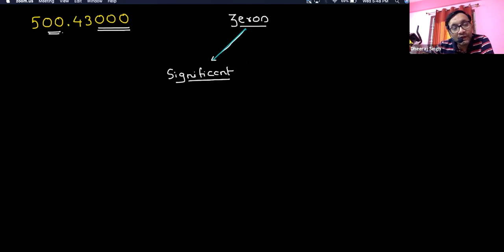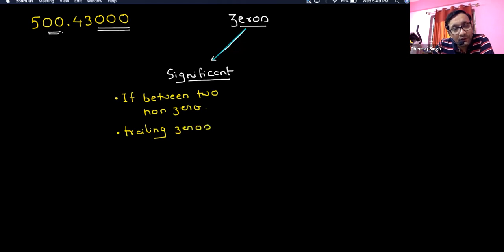Zeros are significant if, write down, they are between two non-zeros, and if they are trailing zeros after decimal. Only in these two cases zeros are significant.